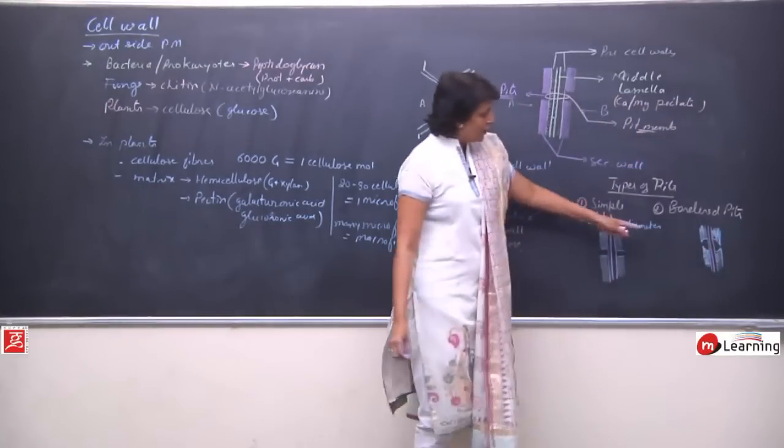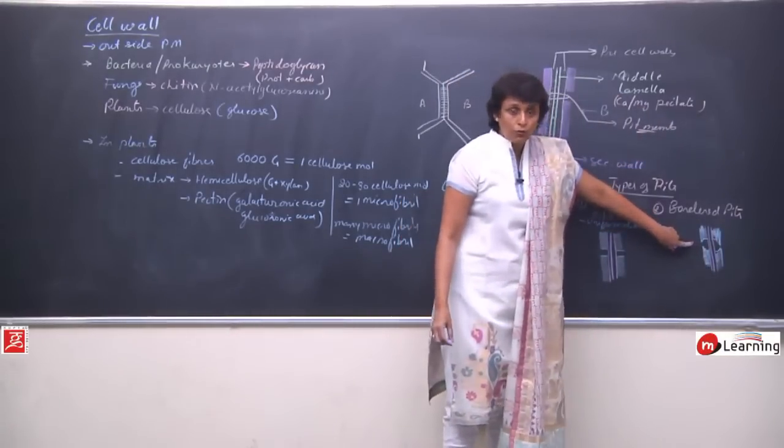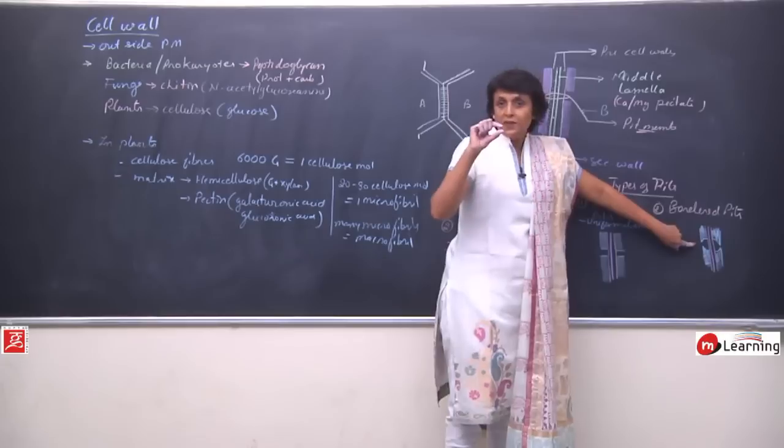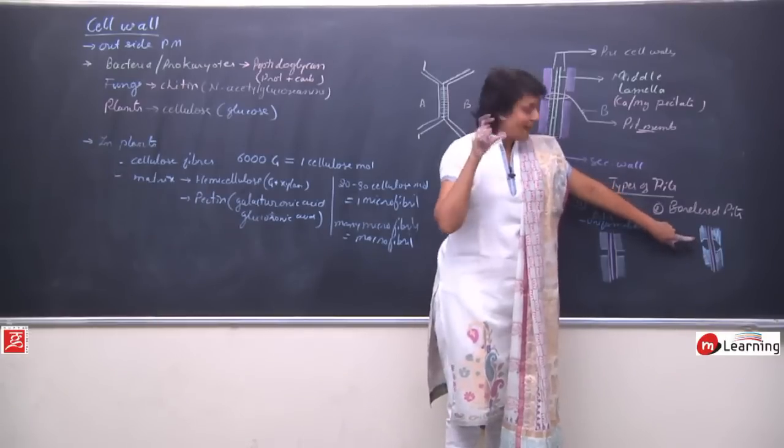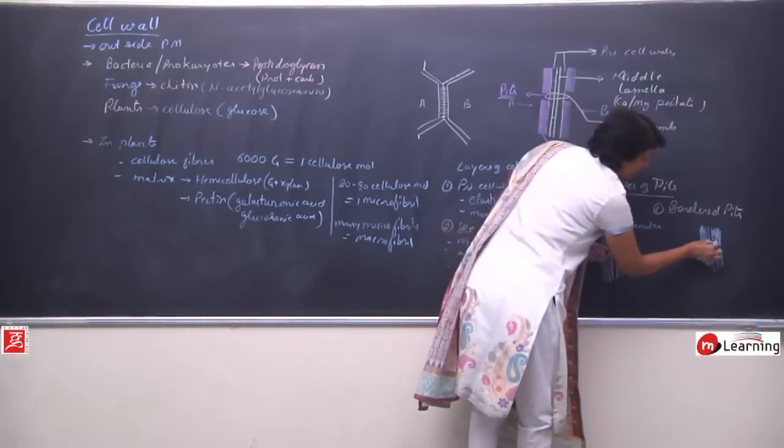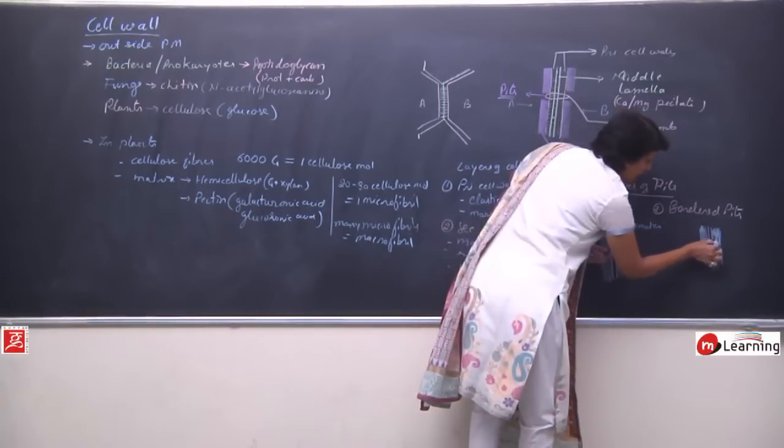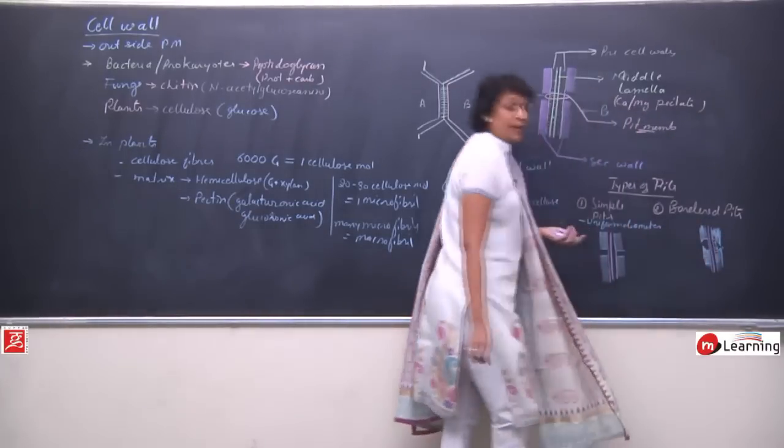Is the diameter of these pits same or uniform? You can see at the opening it is narrow and the base is wide. So, here the diameter is different, the base is wider and the opening is very narrow.